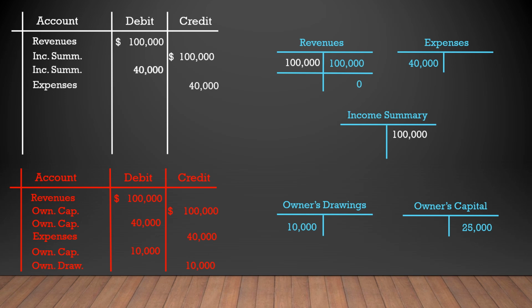Next, debit income summary and credit expenses for $40,000, bringing expenses to zero. Income summary comes to a $60,000 credit balance. At this point, Income Summary has a credit balance equal to the company's net income.